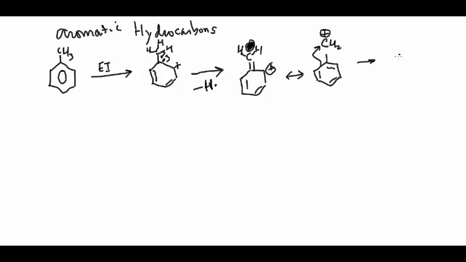And this is giving you now a 7-member ring. And that's called a tropylium cation.